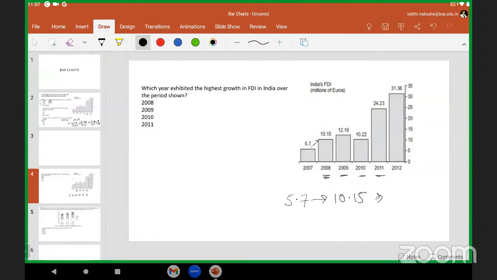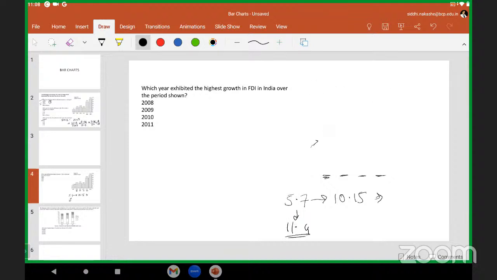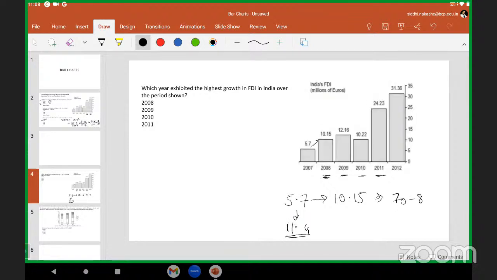If you calculate it, it is a good growth. If double is 11.4, that means this should be somewhere around 70 to 80% growth. Fine. This is for 2008. For 2009, it's only a 2-point increase, which can be considered as a 20% increase.